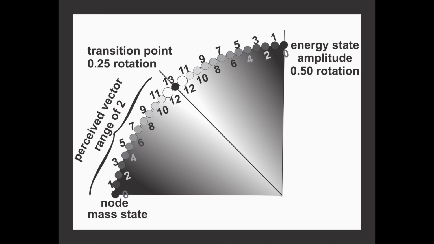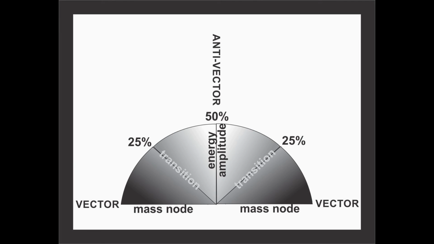The number vector field is then defined by 12 microdeviations, with a 13th neutral position separating opposing fields. Each vector field is then divided by an energy amplitude or antivector at the 50% rotation, with transition positions at 25% rotation.